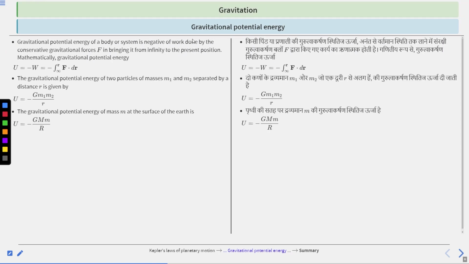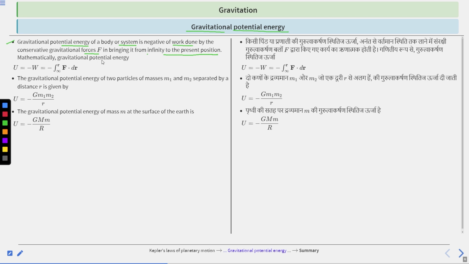Next is gravitational potential energy. The gravitational potential energy of a body or system is the negative of the work done by the conservative gravitational force F in bringing it from infinity to the present position.